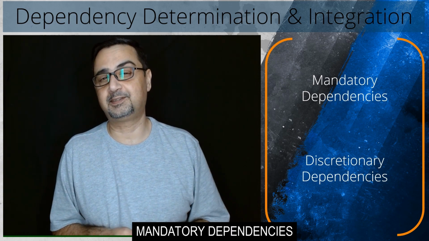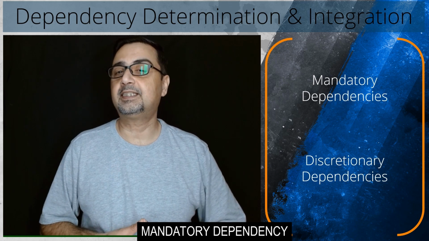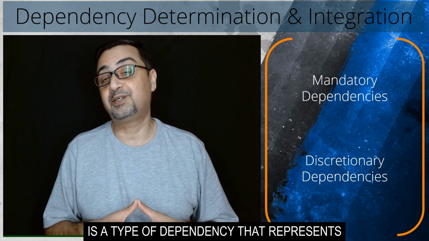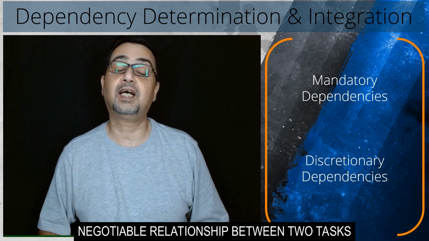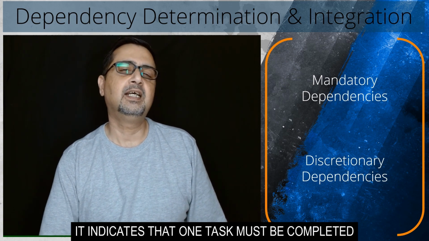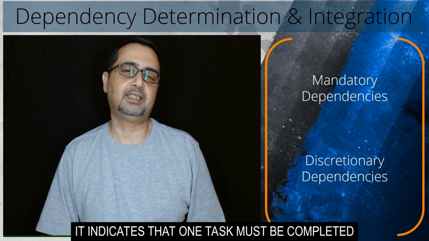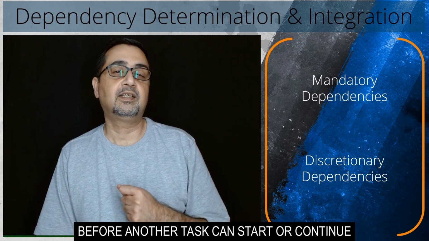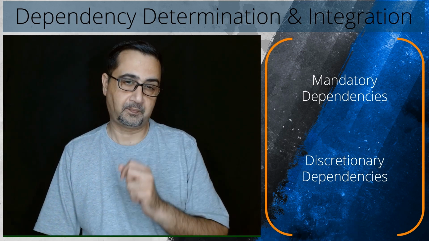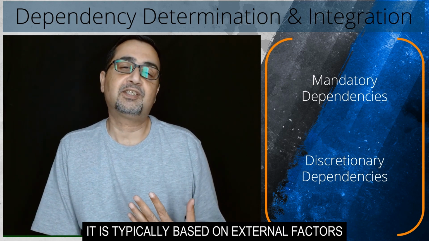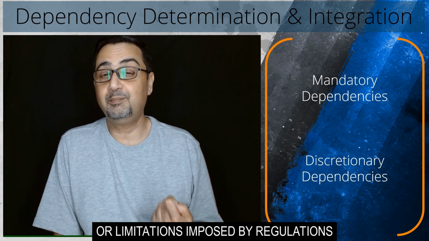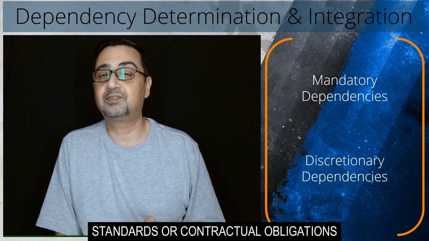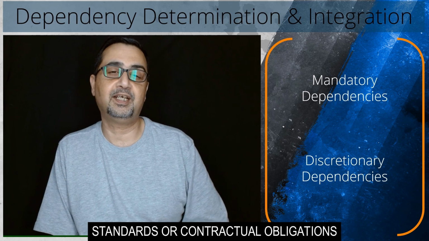Mandatory dependencies. Mandatory dependency is a type of dependency that represents a strict and non-negotiable relationship between two tasks. It indicates that one task must be completed before another task can start or continue. It is typically based on external factors, project specifications, or limitations imposed by regulations, standards, or contractual obligations.